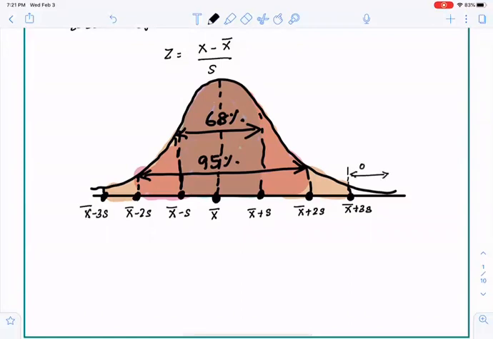The percent there is 0.15%, on each side. That's what we saw with the empirical rule. Now, I want to find the z-score corresponding to each of these data points: x bar minus 3s, x bar minus 2s, and so forth.